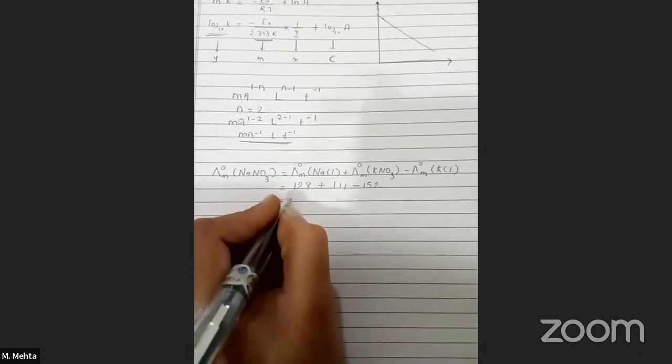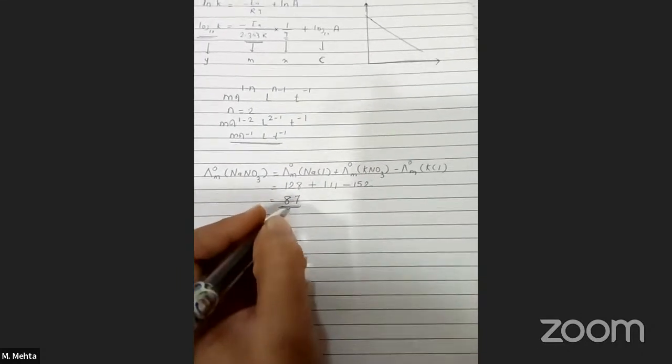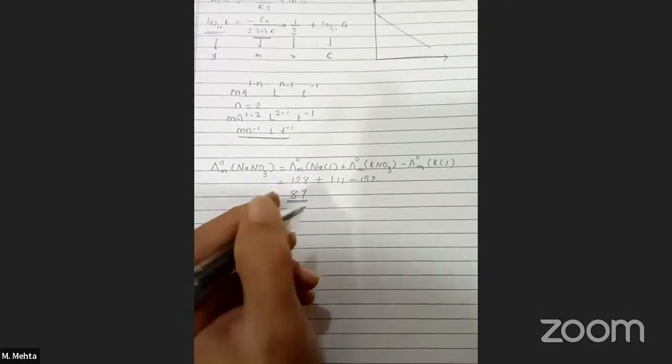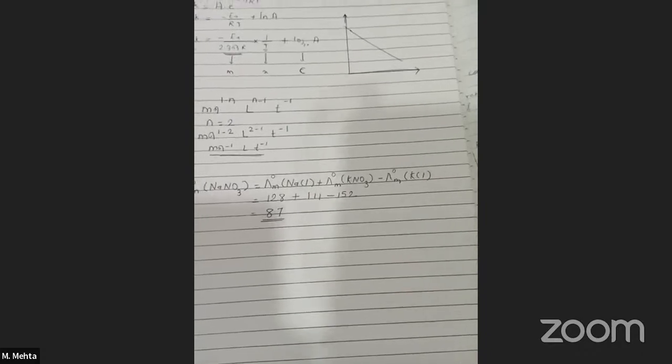So you will get the final answer 87 Siemens centimeter square per mole. So your answer is option B.